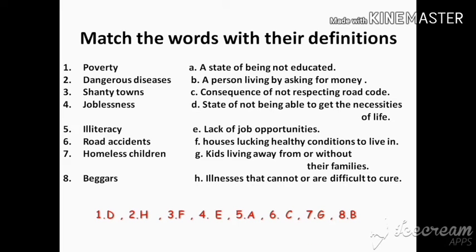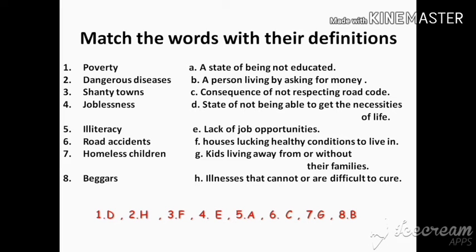So poverty. The correct answer is D. Poverty is a state of not being able to get the necessities of life. The correct answer of number 2 is H. Dangerous diseases are illnesses that cannot or are difficult to cure.